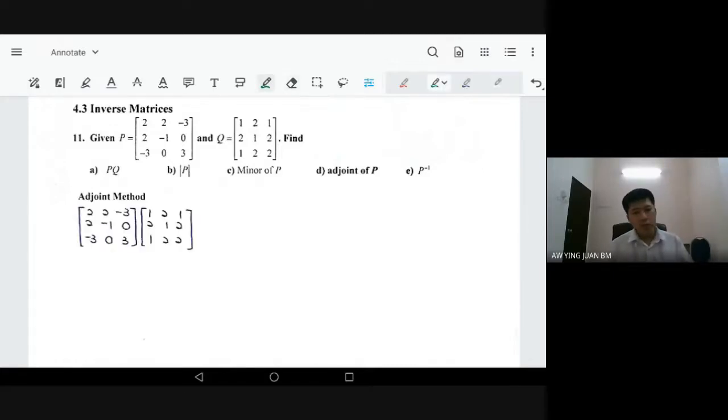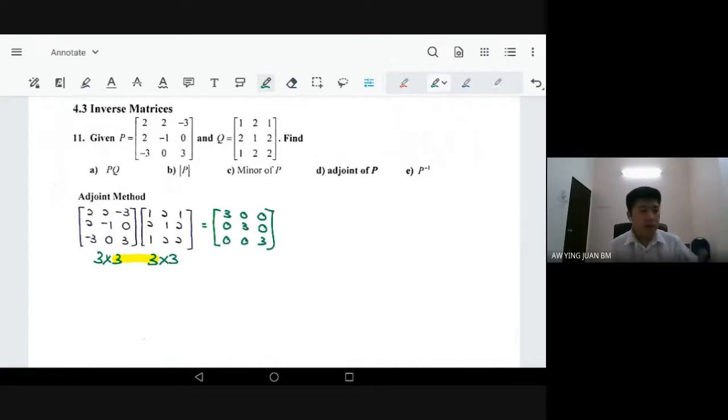Basically, what we discussed before in 4.1 is how to multiply the matrices P and Q. Remember, the order is 3 by 3 multiplied with 3 by 3, and make sure it matches, so the product will be 3 by 3. By using the calculator, you may key in P, key in Q, and we will obtain a 3 by 3 matrix: 3, 0, 0, 0, 3, 0, 0, 0, 3.